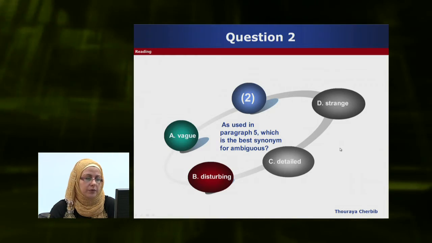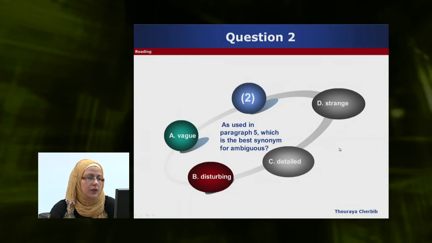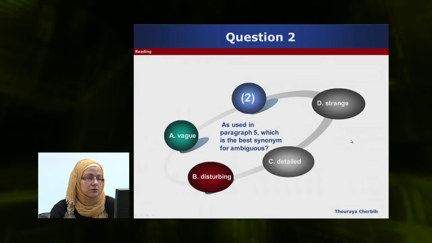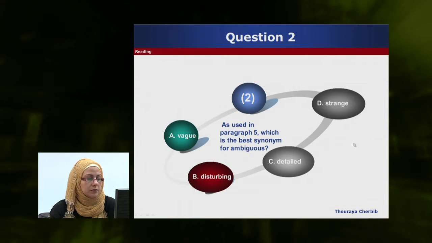As used in paragraph 5, which is the best synonym for ambiguous? We're here looking for a word with similar meaning. Alternative A, vague, B, disturbing, C, detailed, and D, strange.